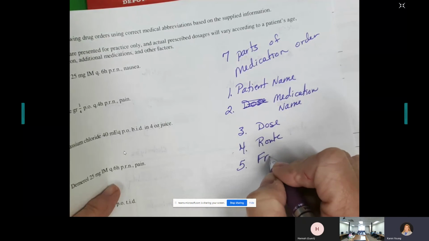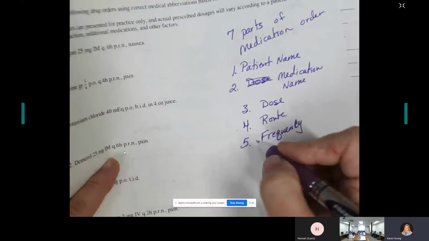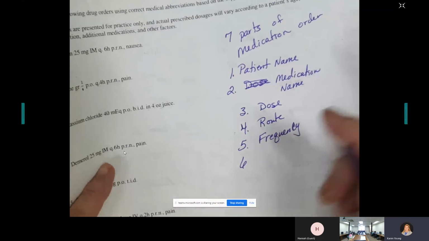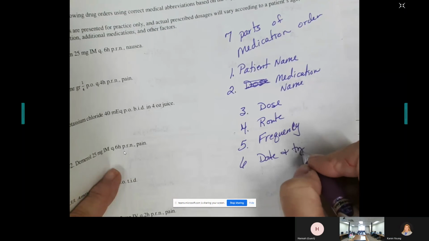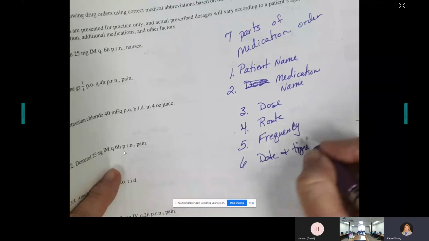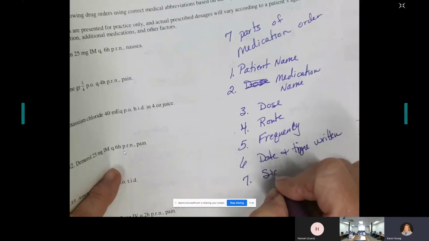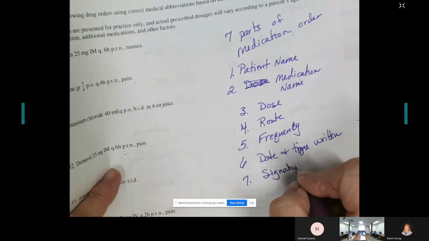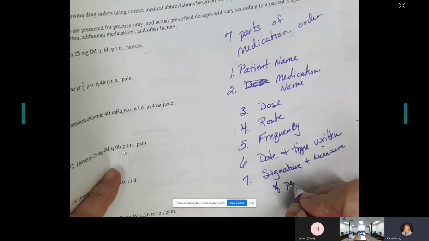the frequency, six is the date and time. Oops, time written. And 7 is the signature and licensure of the person writing the order.